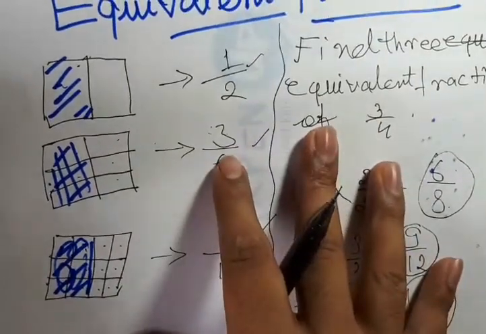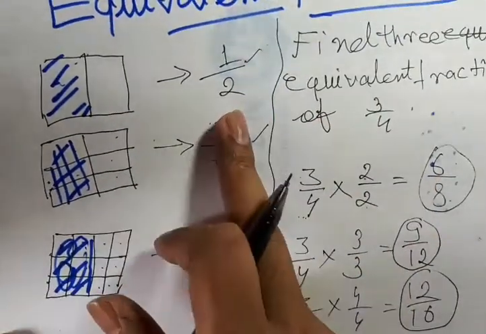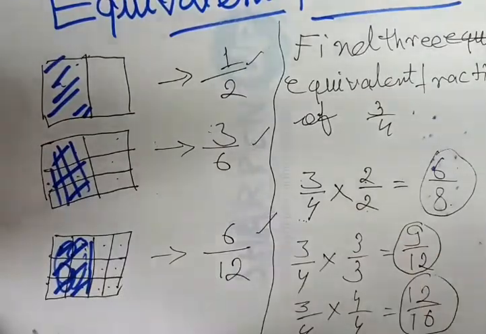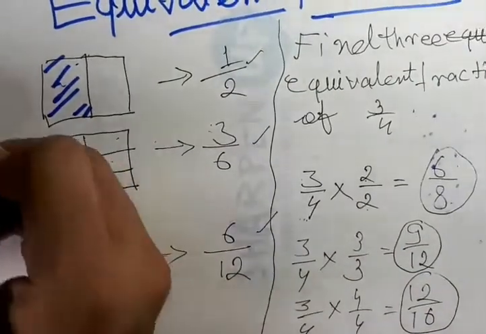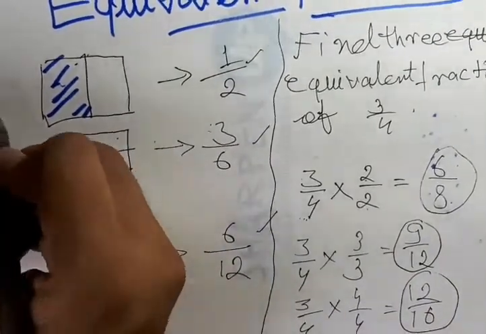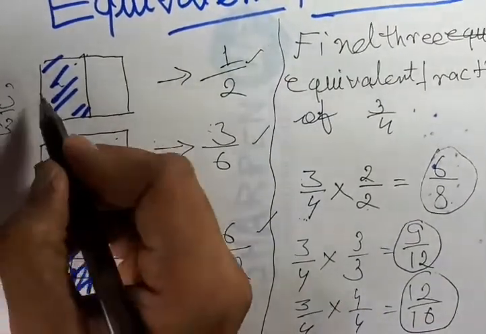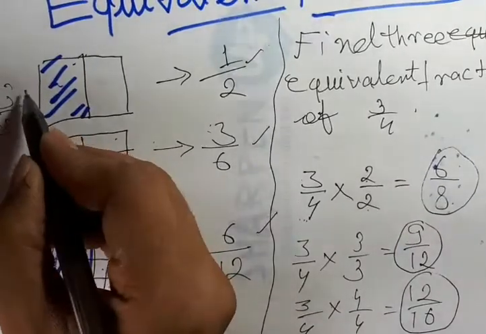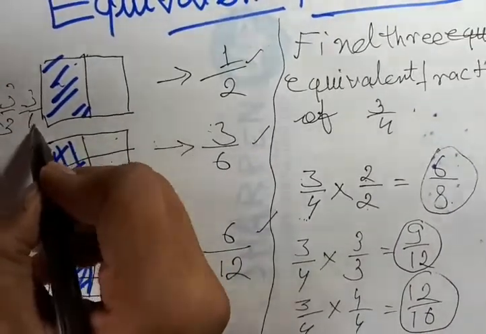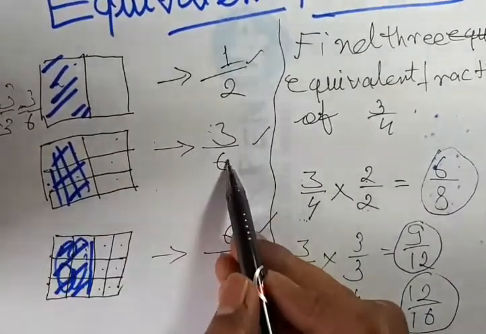If you want to understand the same thing with this example, suppose I am writing here 1/2. If I multiply 1/2 by 3, what I will get? 3 1s are 3 and 3 2s are 6. So see, 3/6.